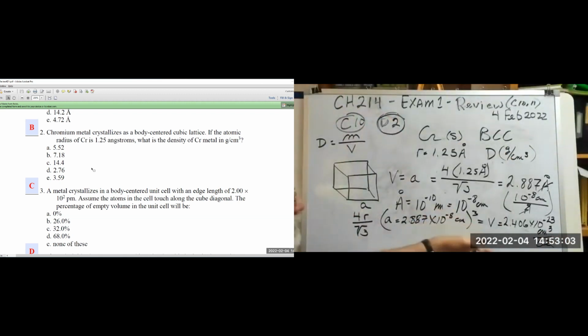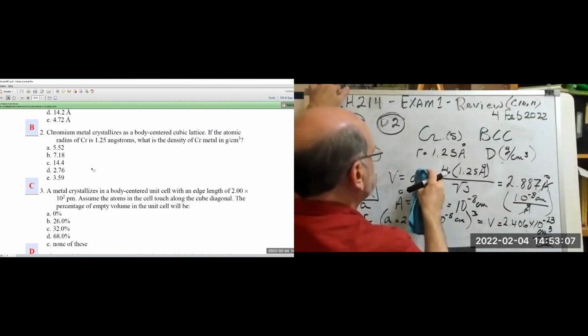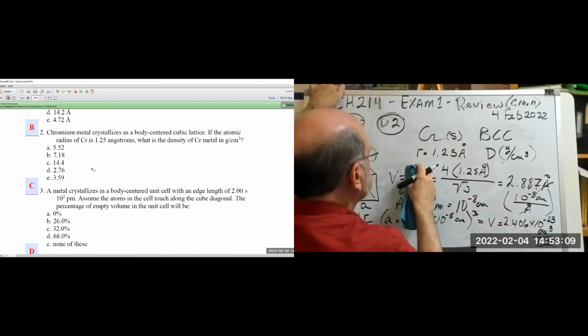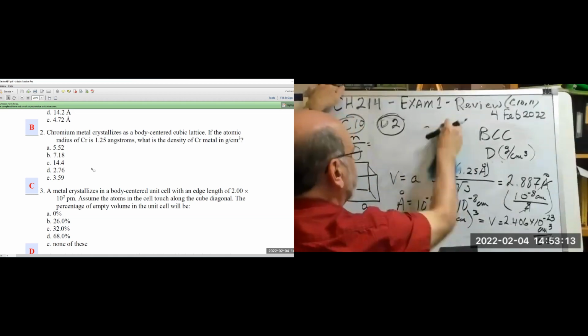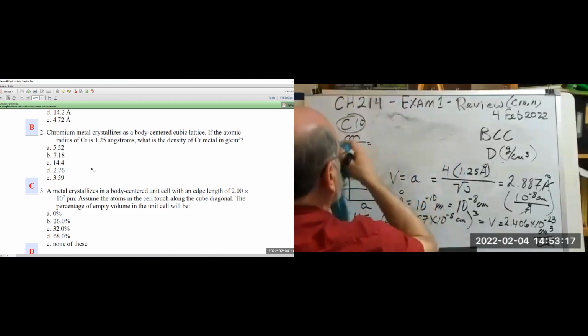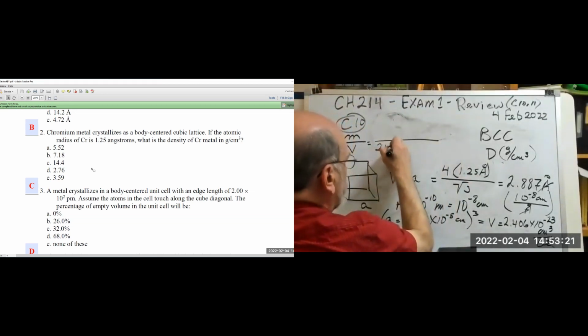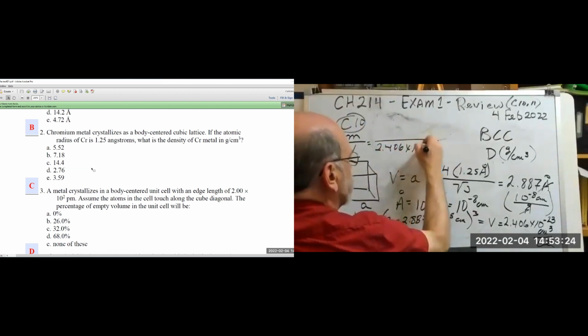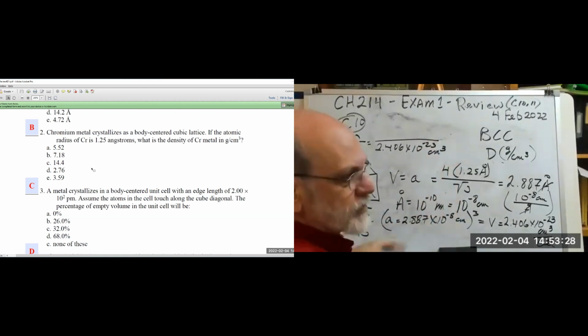Okay, now we have our volume. Let's see, I'm going to have to erase some of this here. So this is 2.406 times 10 to the minus 23rd cubic centimeters per cell.